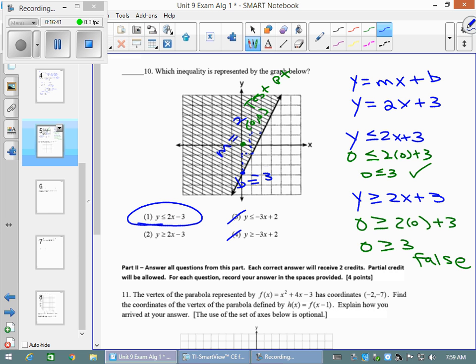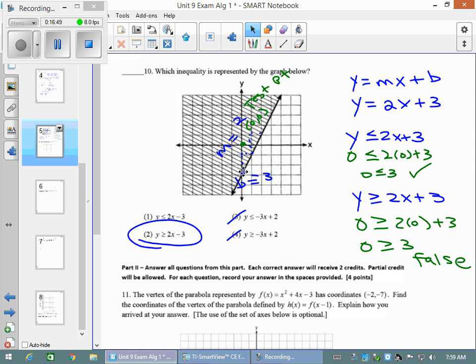What did I do wrong? I want 0, 0 to work, so I should be picking the choice where 0, 0 is true. I'm sorry guys, now I see why I was confused. When I copied my y-intercept value, it should have been -3, not a +3.